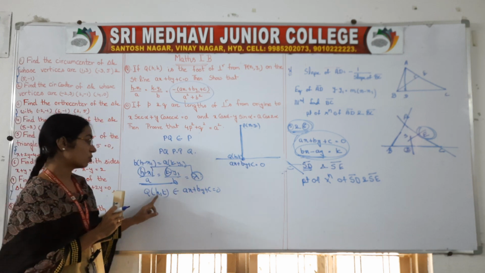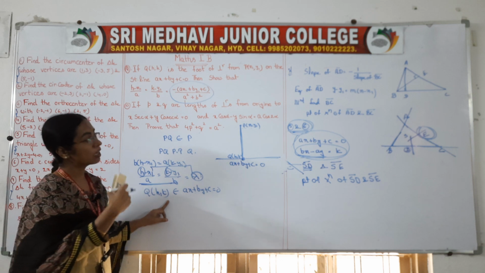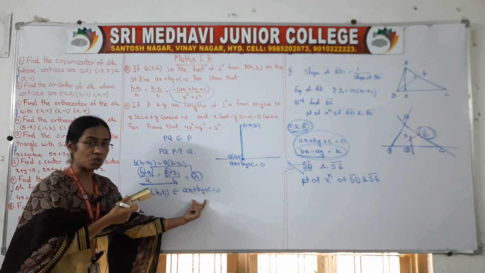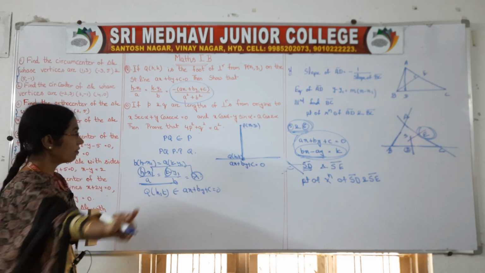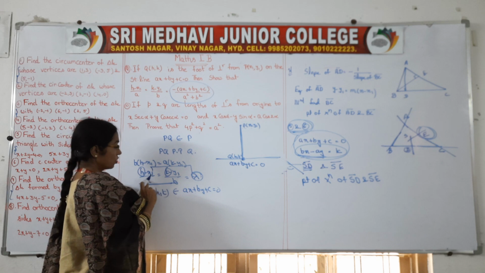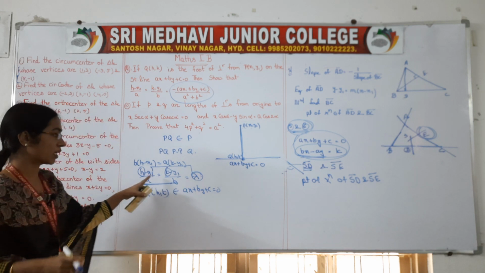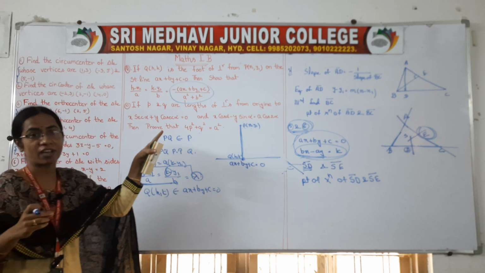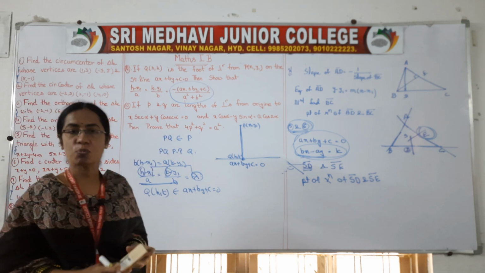Once we have Q(h, k), it belongs to the line Ax + By + C = 0 also. Substitute, and you will get your lambda value. Then in the equation (h - x1)/A = (k - y1)/B = lambda, write that value in place of lambda, and your theorem will be proved.